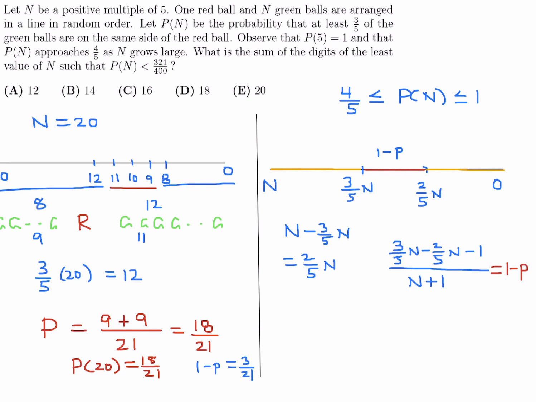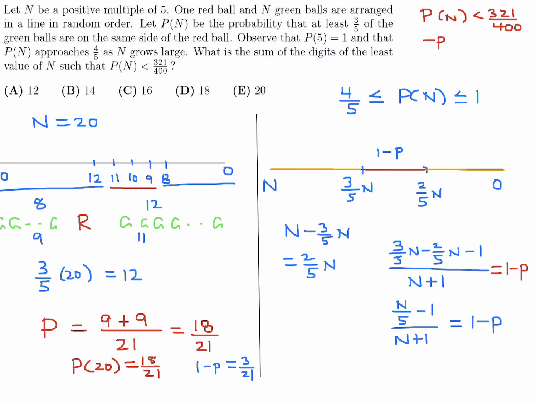Okay, so I think we're pretty much ready to figure this out. The numerator becomes n over 5 minus 1, and the denominator is n plus 1, and we have 1 minus p. Now they want p to be, let's see here, 321 over 400, right? Okay, but we are interested in 1 minus p, so I got to reverse this a bit.